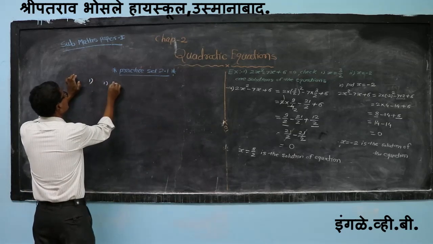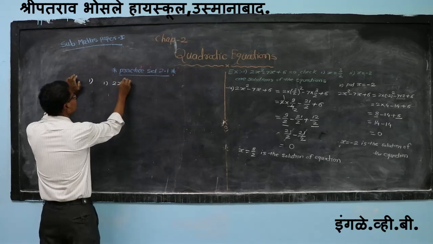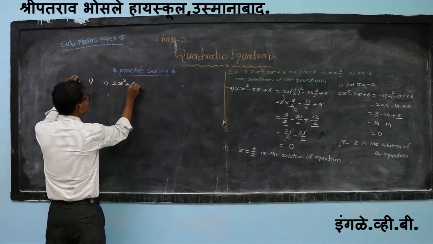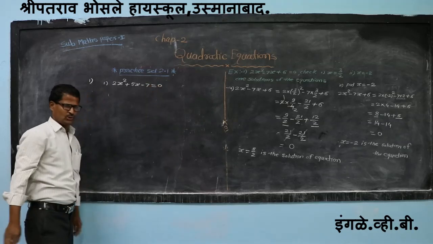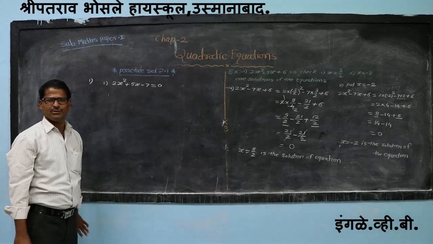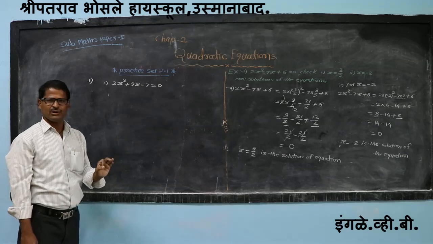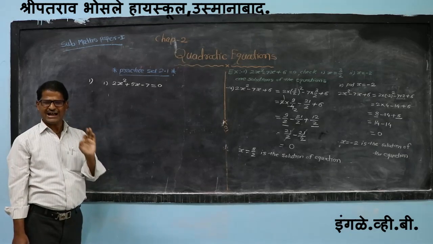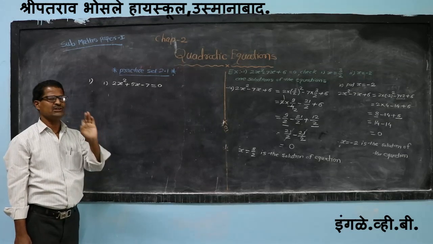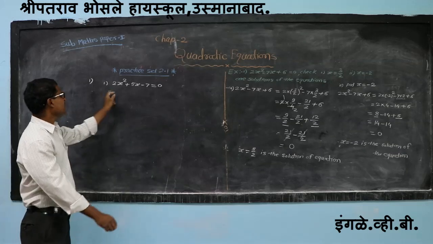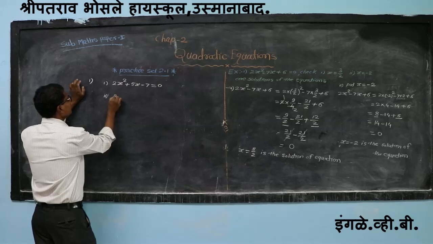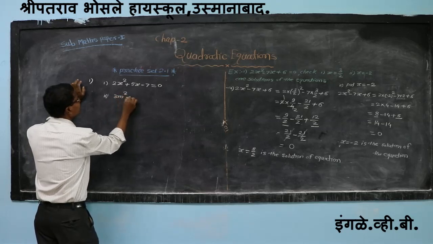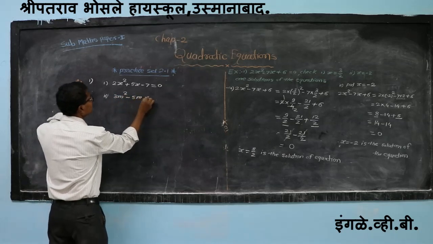Number 1: 2x square plus 5x minus 7 is equal to 0. That means we can take any variable, and when we take a variable, remember that the highest degree of the variable is 2. Then write 3 terms or any 2 terms. Number 2 example: 3m square minus 5m is equal to 0.